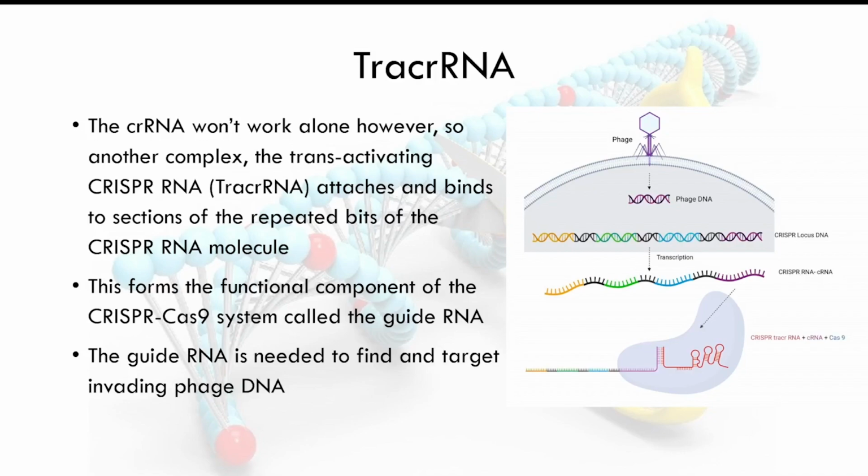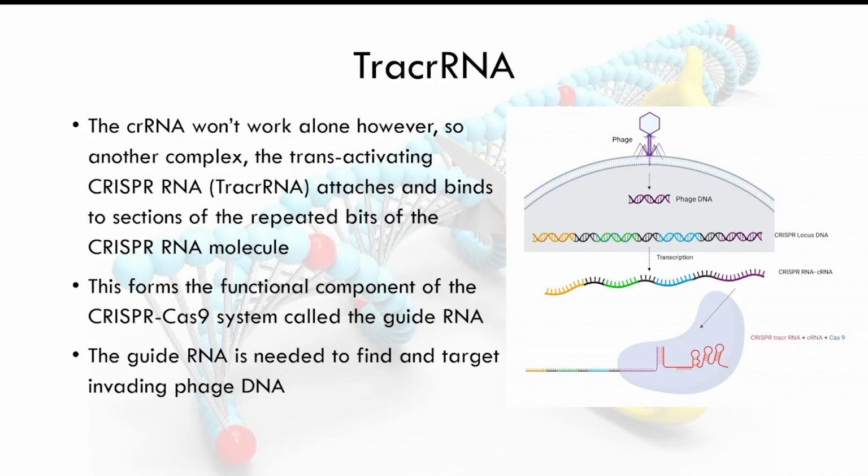I think the textbook calls it sgRNA. So in my notes, I just got sgRNA and then crRNA. Yeah, that's single guide RNA, I think. There's lots of different names for this stuff, but basically you've got your tracer, you've got your CRISPR RNA, which when linked together will be called the guide RNA.